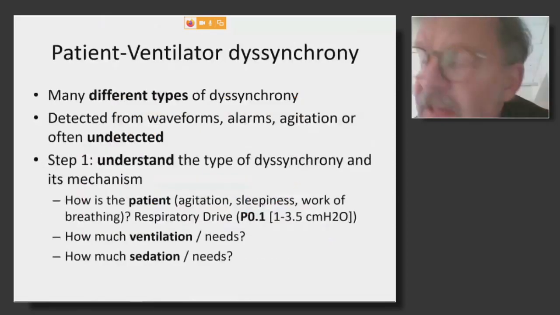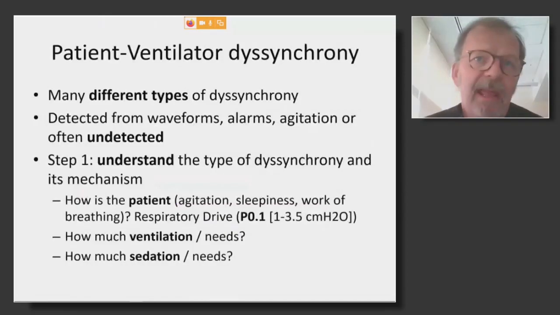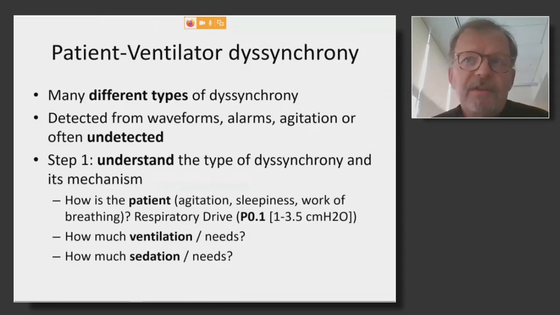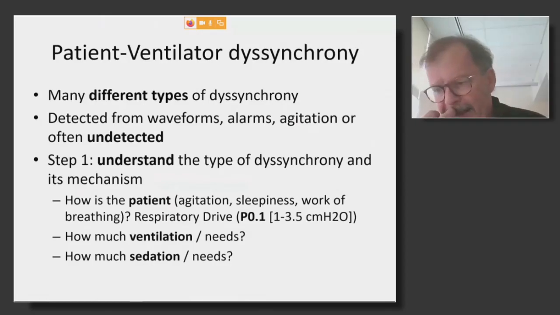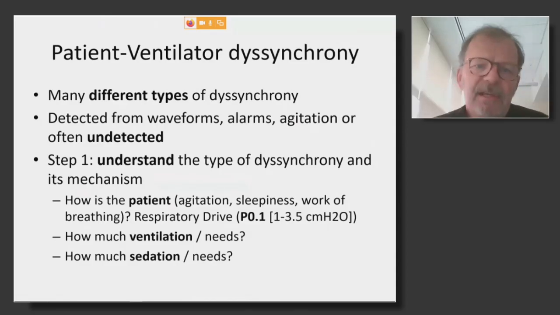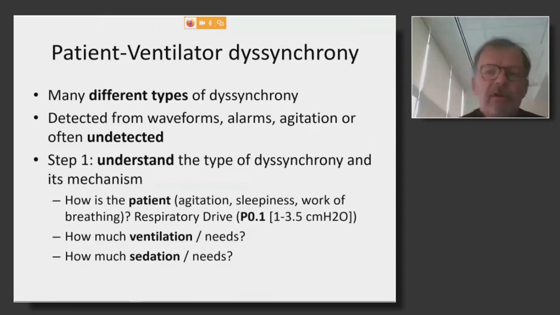So it's interesting to understand the mechanism, because the asynchrony may be bad by itself, but also because it tells you whether you give the good dose of ventilation. So there are different types of dysynchrony. Clinically, they are detected by looking at the waveforms, or by alarms on the ventilator, or by agitation of the patient, but very often they are undetected.